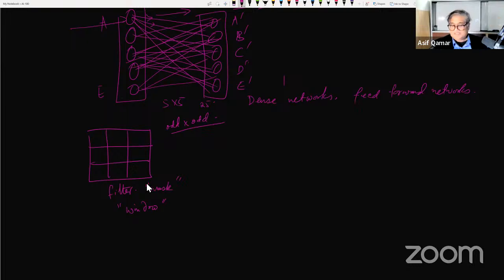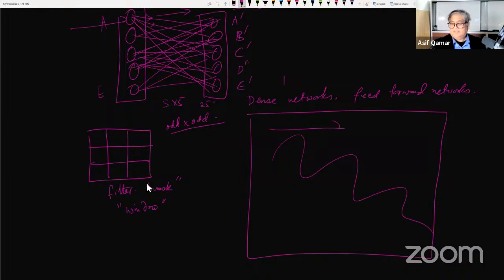Are we together? So suppose I get a big scene with lots happening here. You place your window at the top corner and you convolve.